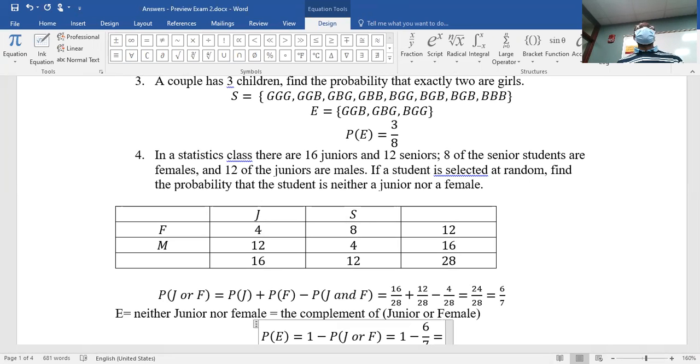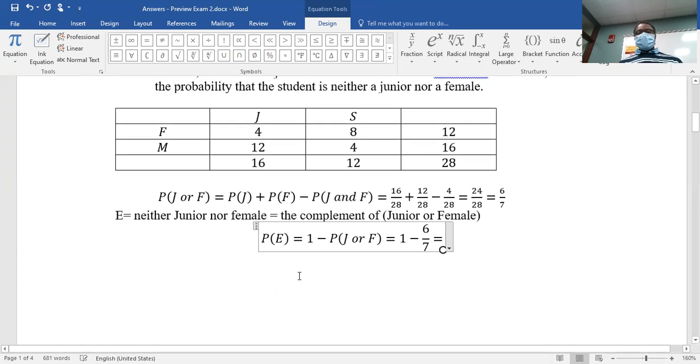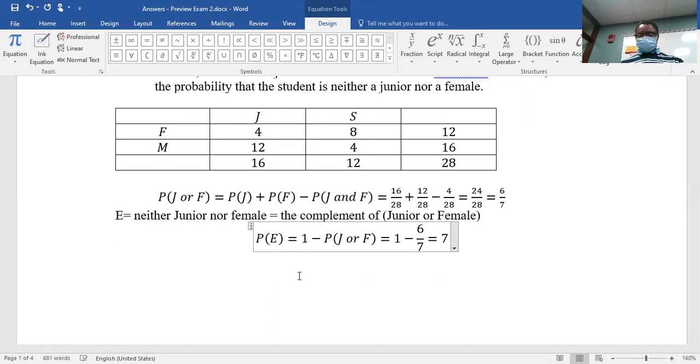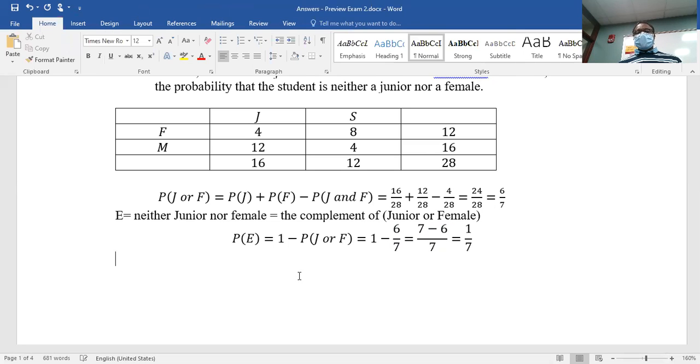Which is 7 minus 6 over 7. One minus 6 over 7 is 7 minus 6 divided by 7. That is the minus.